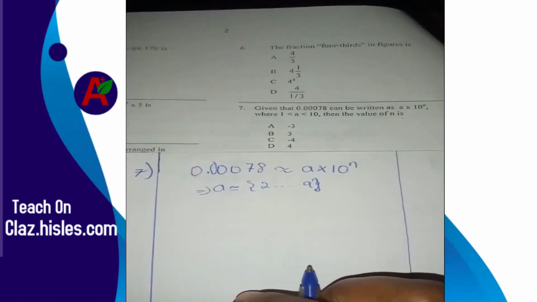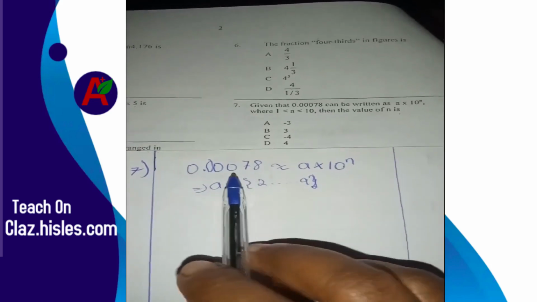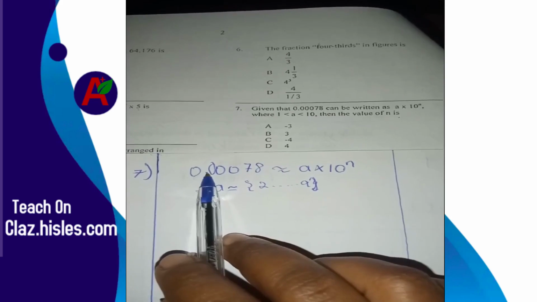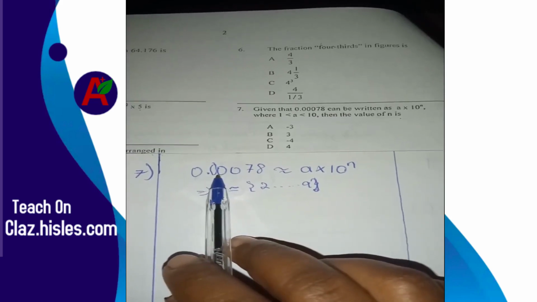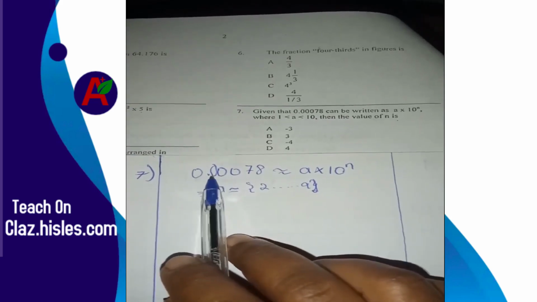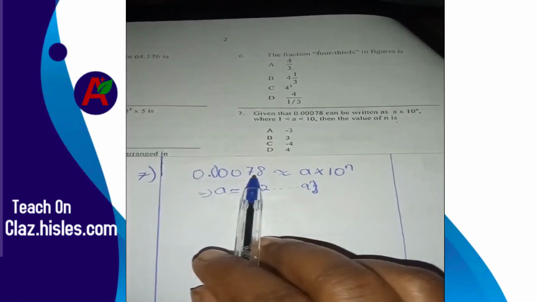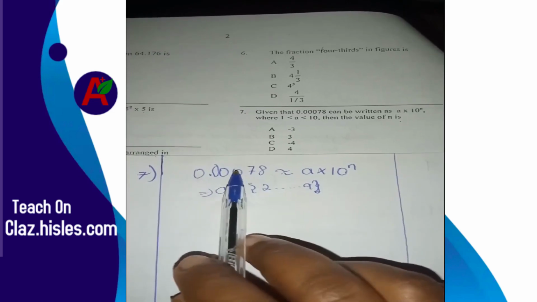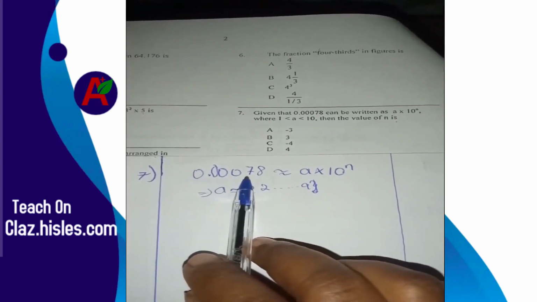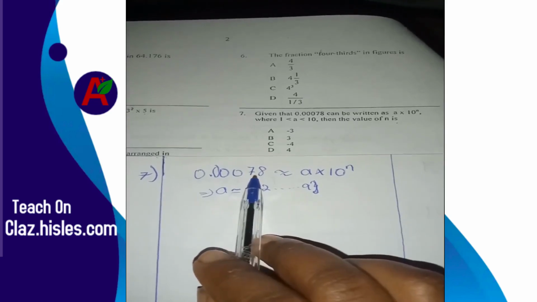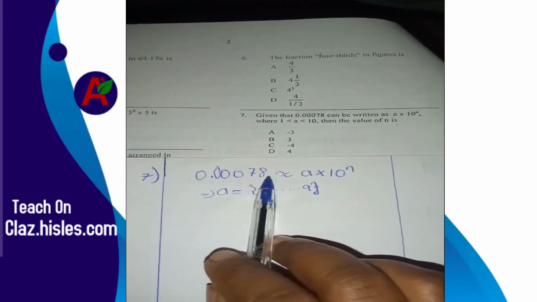The value of n is, okay, so what do we do? We will try to remove the decimal point. To remove the decimal point, take it one step below. That will be 1, 2, 3, 4. So if we are removing these first 4 decimal places, we'll have 7 as a whole number, then the remainder is 0.8.